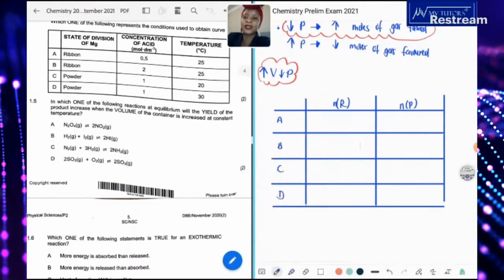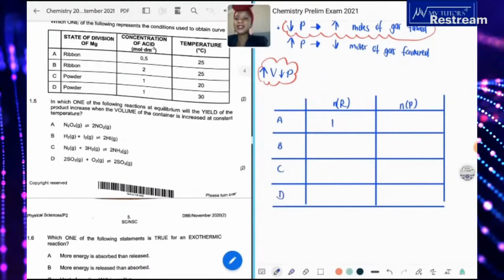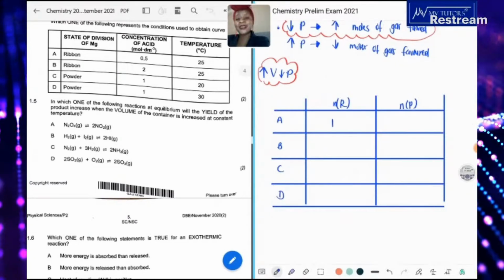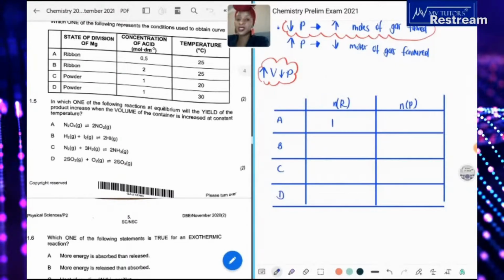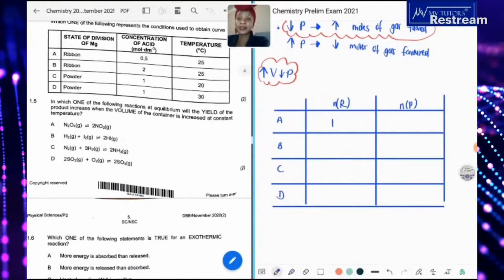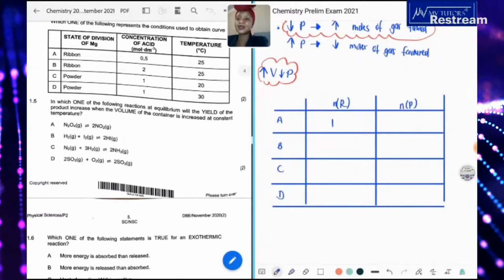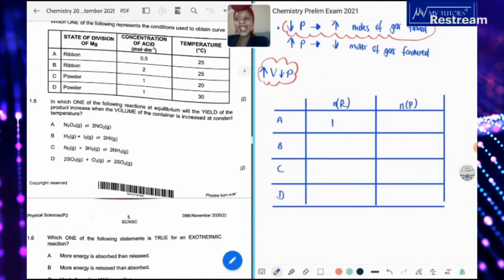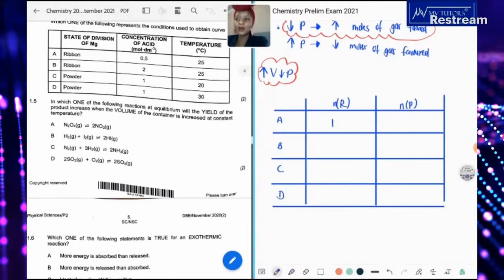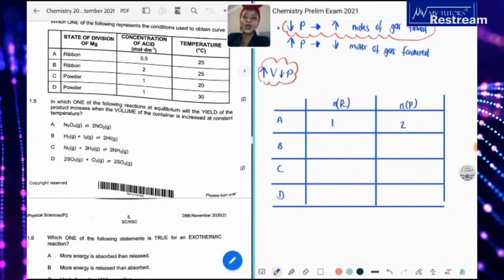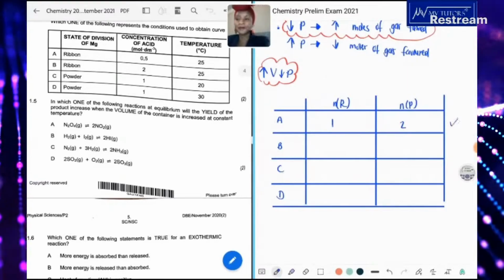So I'm going to write there number of moles for the reactants, 1. What we are looking for is a scenario where the products have a lot of moles. In that case, it will be product favored, because they did say they want a high yield of the products. So for A, 1 mole on the reactant side, and 2 moles on the product side. So this one seems to be winning so far.